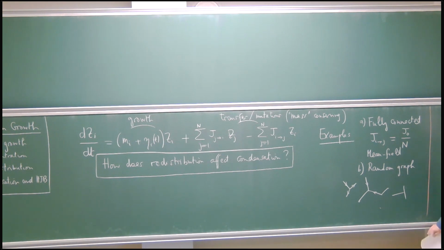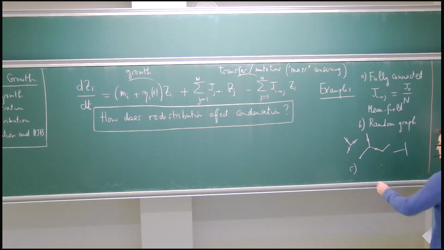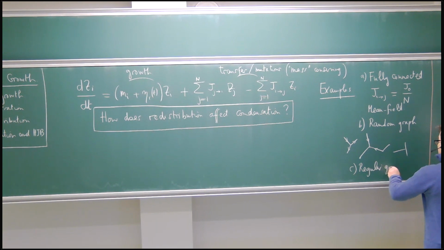And the last case, on which I'm going to say a lot, is regular graphs. So for example, you could have a two-dimensional lattice like this. Each node would be a city again, and each link corresponds to a possible hopping rate. So this means that there's only nearest neighbor hopping, and it could be a model for population spreading.